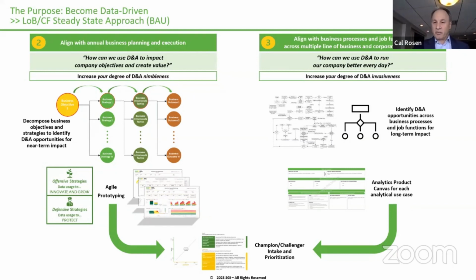Where are we headed from a transformation perspective for the organization? What does our product canvas look like for each of these individual use cases? And that then tells us, we put that into the mix to say, what is the prioritization for what we need to build to make that process or role more data centric as we proceed.